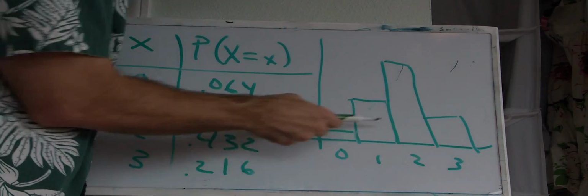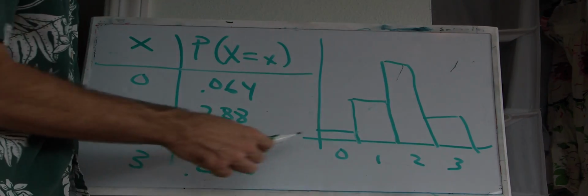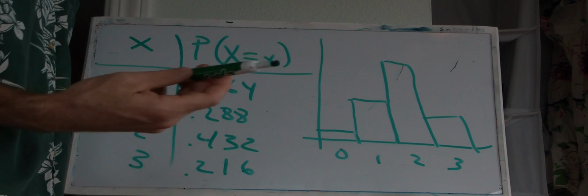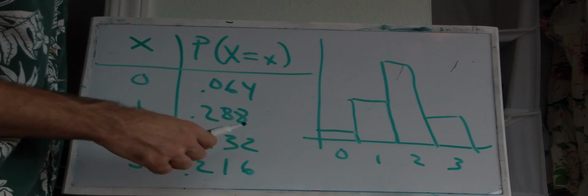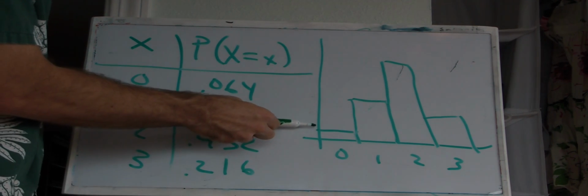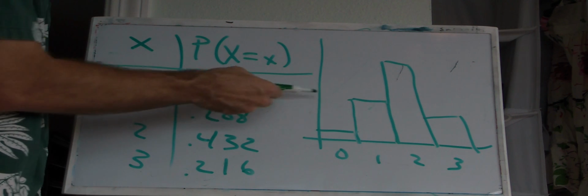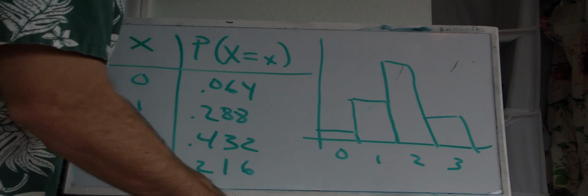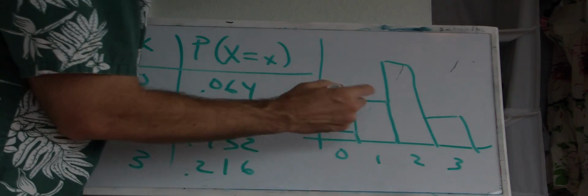You can see by the relative height of these rectangles that 2 is the most likely outcome and 0 is the least likely. The height here would be 0.064, 0.288, etc. But also, if you wanted to, you could calculate the area.